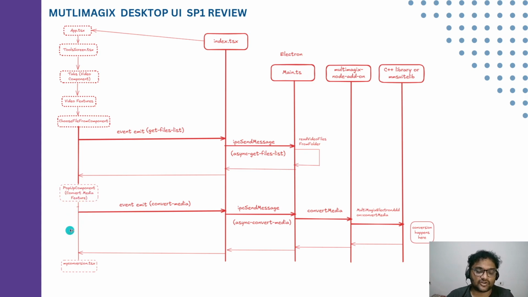If you select a drop down option and then click on the convert button, which is in blue color, an event called convert media is emitted. index.tsx is listening to this convert media event, and after listening it sends an IPC message to main.ts, and main.ts internally calls one more function called convert media, which is a function coming from the backend, the node.